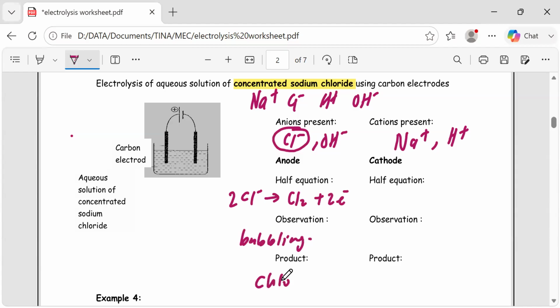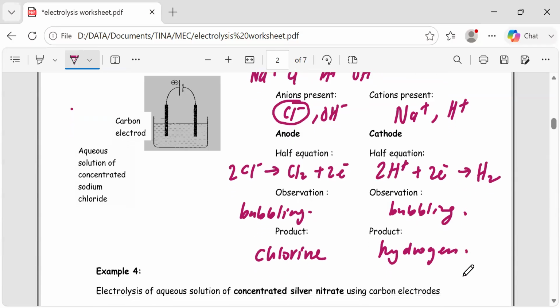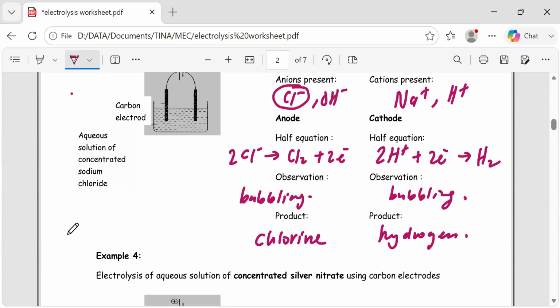Product is chlorine. Half equation here, it still chooses hydrogen. Observation also bubbling. Product is hydrogen. This one, the overall is a bit more complicated.